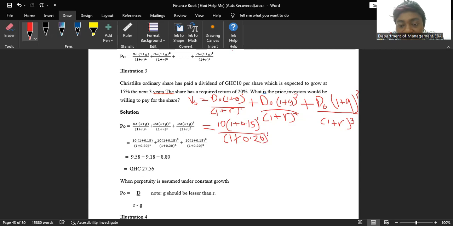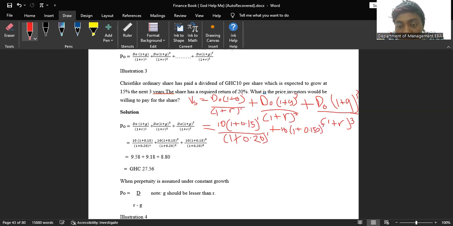Then 1 plus, okay, 10 growing by 0.15 for 2 years.